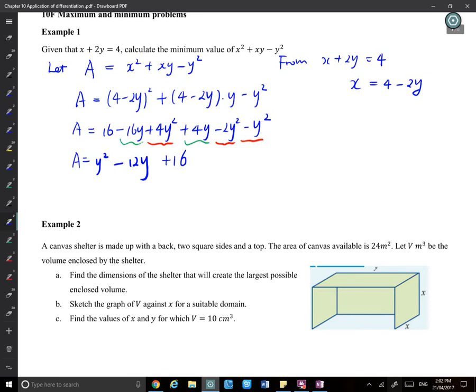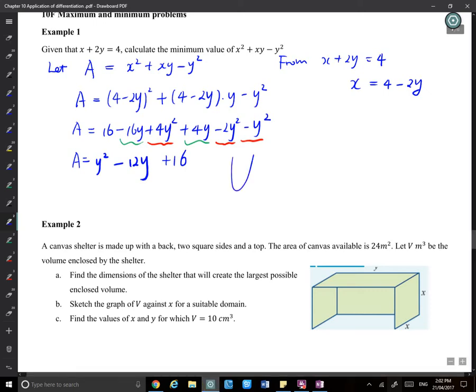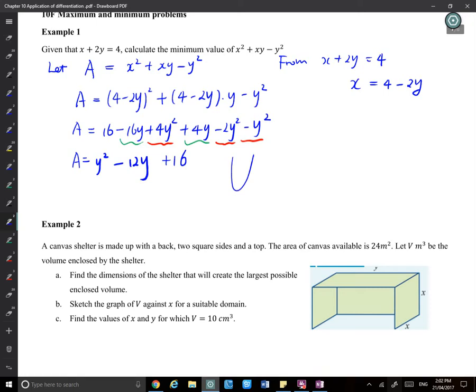Okay, A and y are in what kind of relationship? What equation is that? What graph? It's a quadratic problem. You have a minimum turning point, so you definitely get a minimum A value. Instead of using the derivative to find the turning point, you can just complete the square, and you know that is the minimum value.